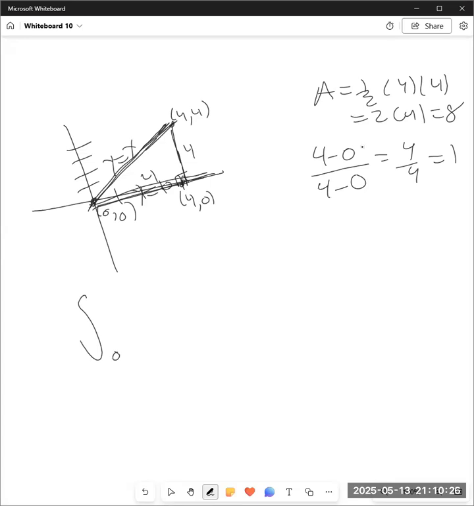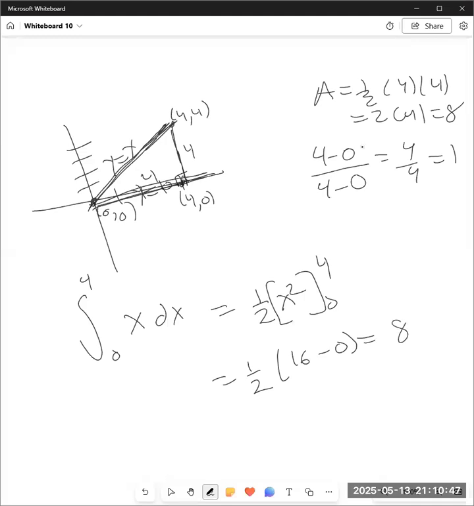So I have from 0 to 4 on x. Y upper minus lower is x dx. So that's going to be 1/2 x squared from 0 to 4. 1/2 of 16 minus 0 is 8, which is exactly the same answer we got from geometry.